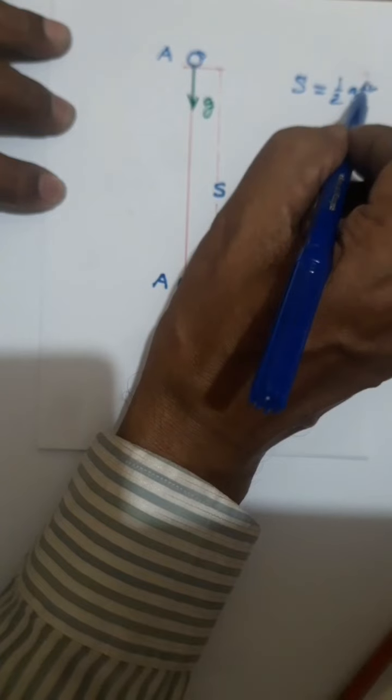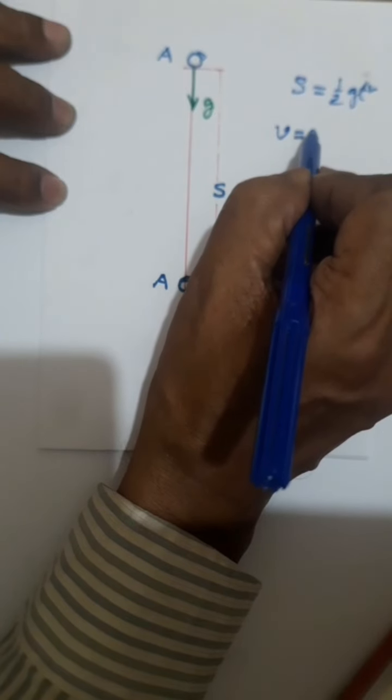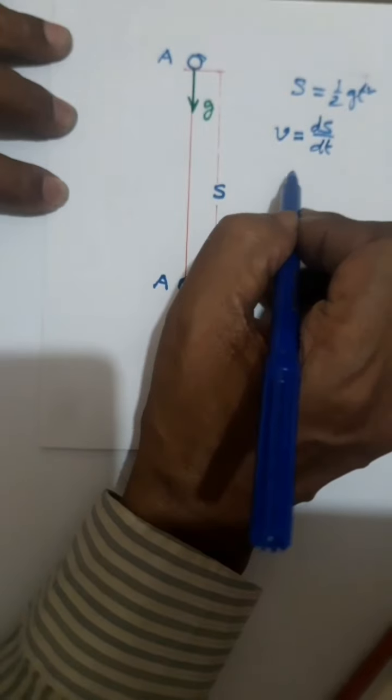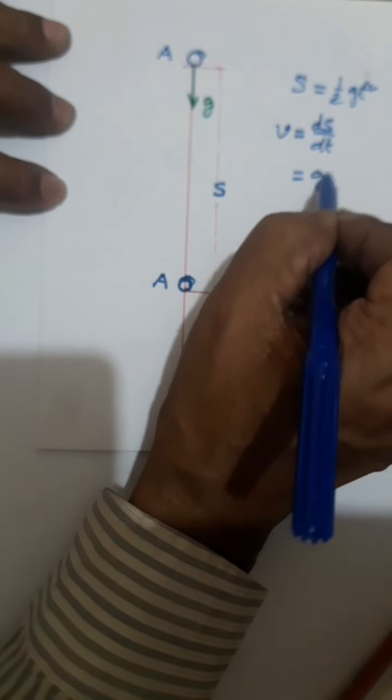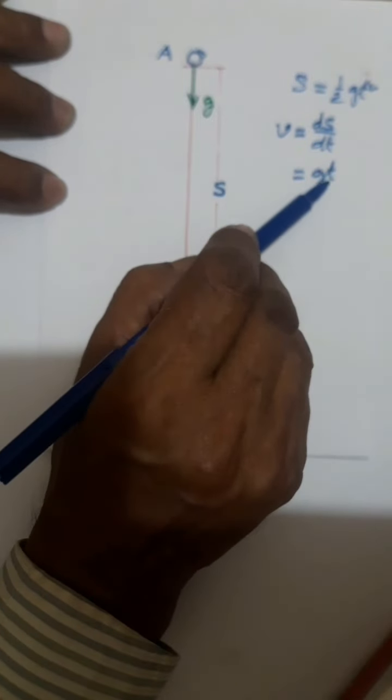The displacement of the object at time t is s equal to half g t square. The velocity at time t, v equal to ds by dt, which is g t. That is, the velocity depends on time.